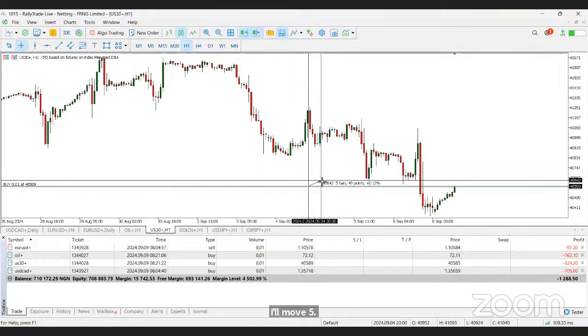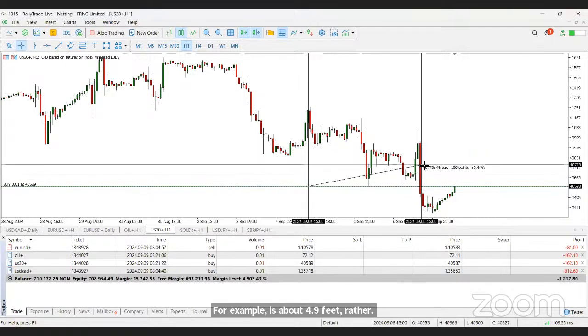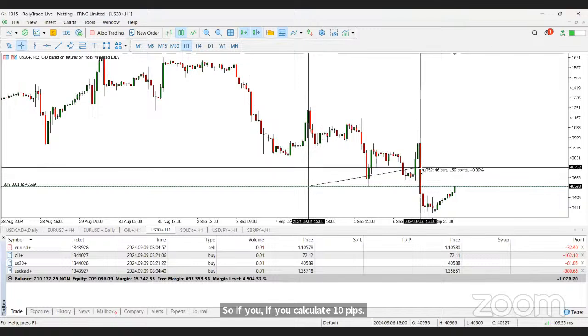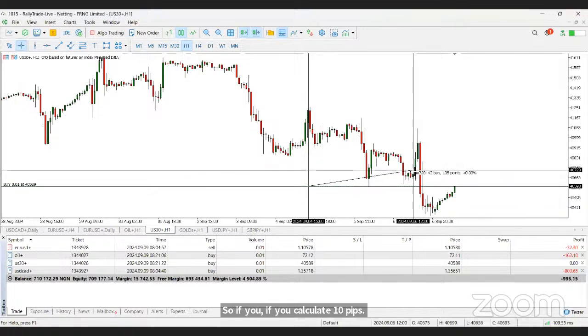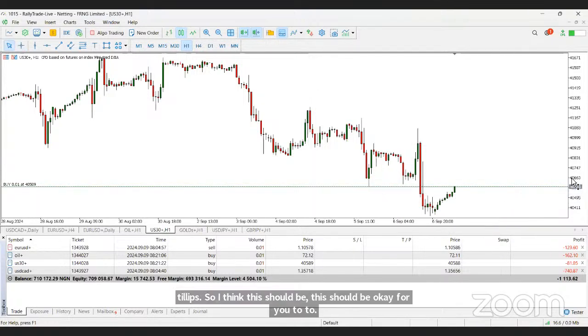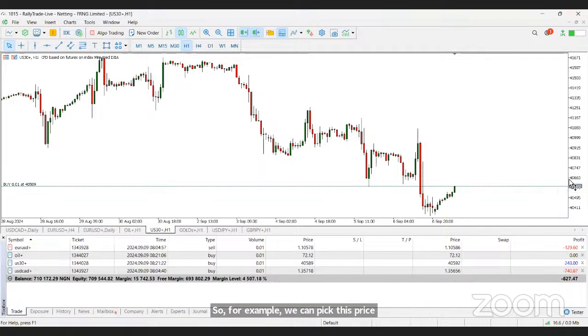That's about 4.9 pips rather. So if you calculate 10 pips, that's about 15 pips, 30 something pips, 135 points. That's about 13 pips. So I think this should be okay for you to do as take profit. So for example, you can pick this price as your take profit.